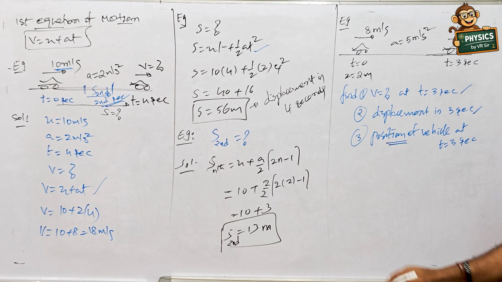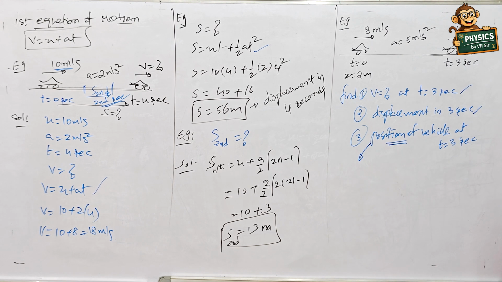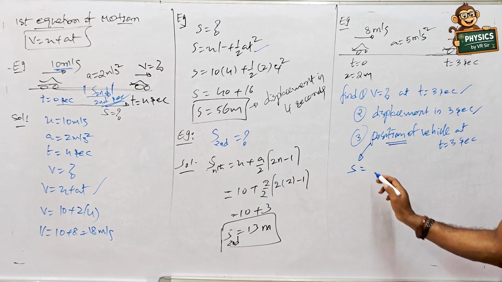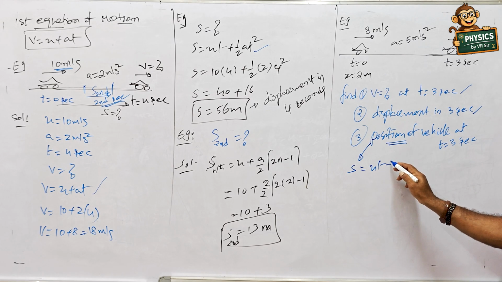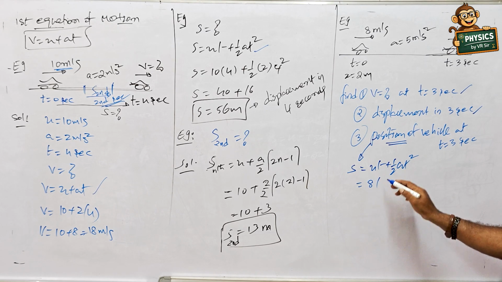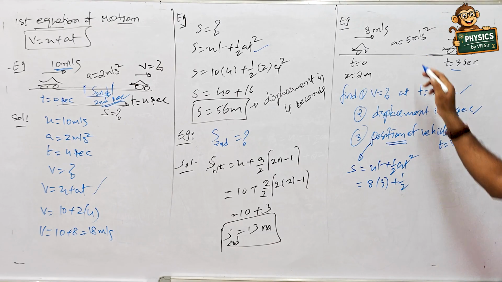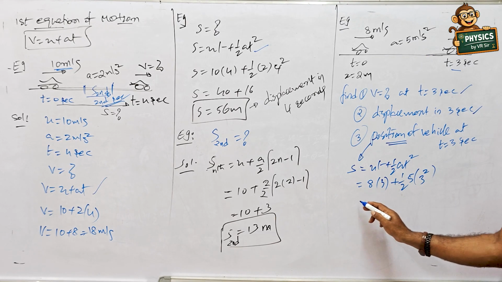Now what about the position? Why am I particularly mentioning this? Now displacement, how do you calculate displacement? ut plus half at square, isn't it? What about u? 8, times t, plus half acceleration 5, and time 3 square.